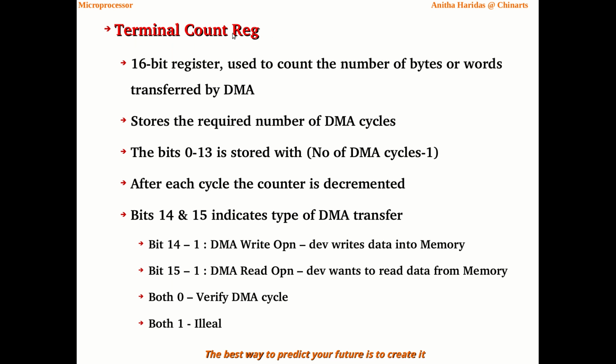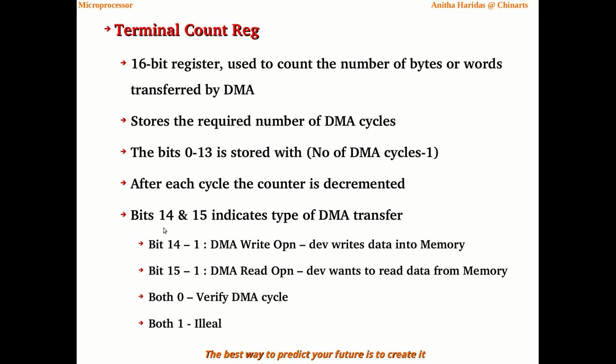Then your terminal count register is again a 16-bit register which is used to count the number of bytes or words transferred, not by the CPU, but by the DMA, and it stores the required number of DMA cycles. Bits 0 to 13, C0 to C13, store the number of DMA cycles. After each cycle, the counter will be decremented.